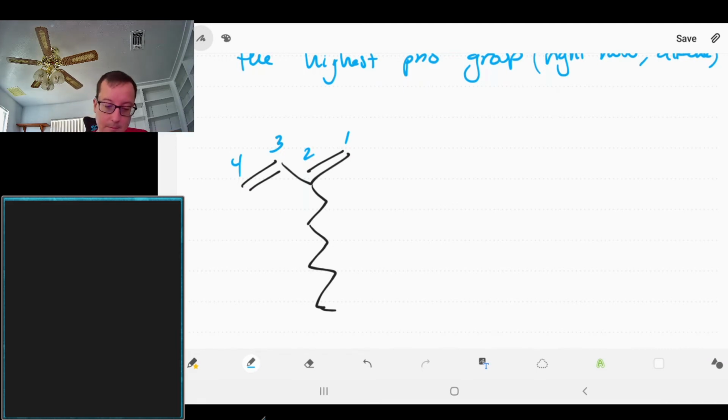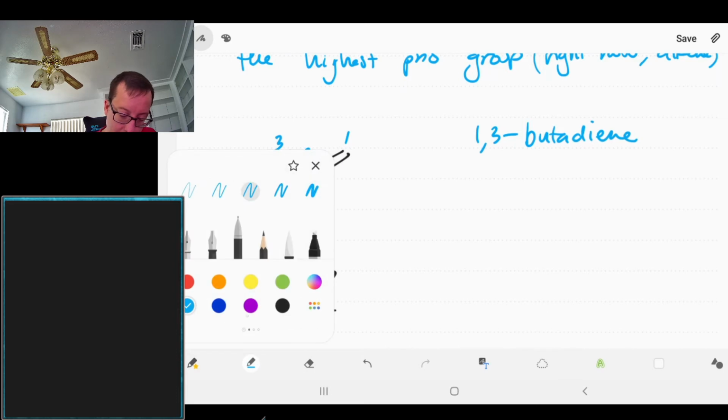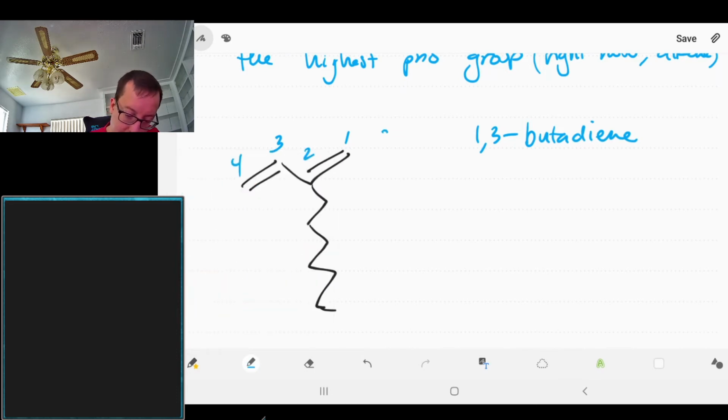So our parent name will be butadiene. And on carbon 2, we have a 1, 2, 3, 4, 5, 6, 7. So we'll say that this is 2-heptyl-1,3-butadiene. And technically, none of these have stereochemistry, so we're good.